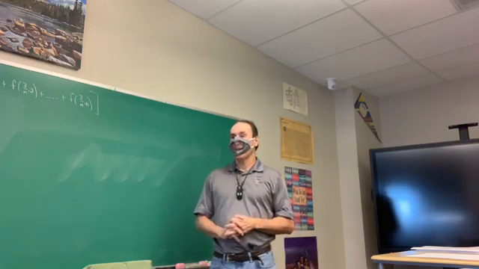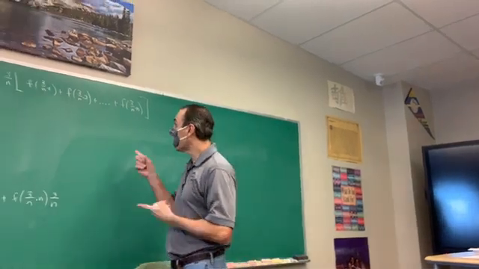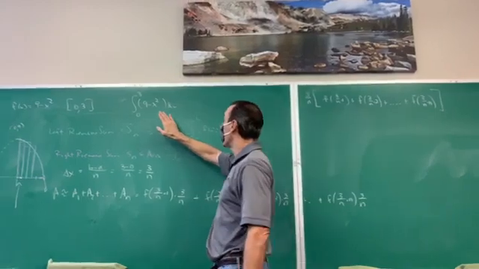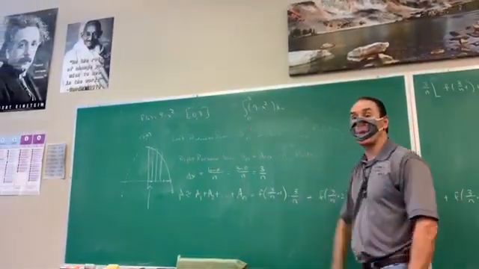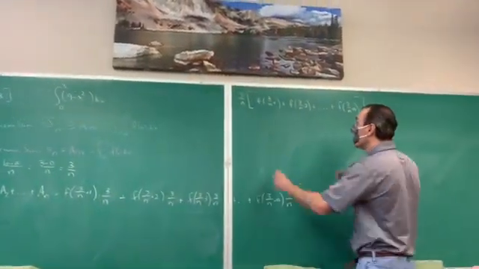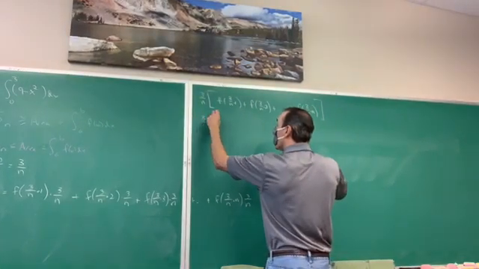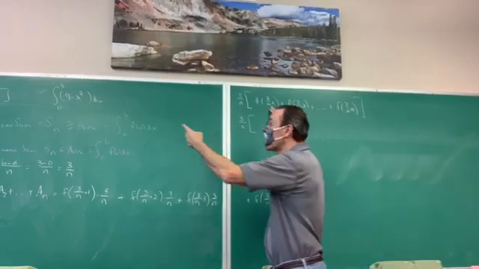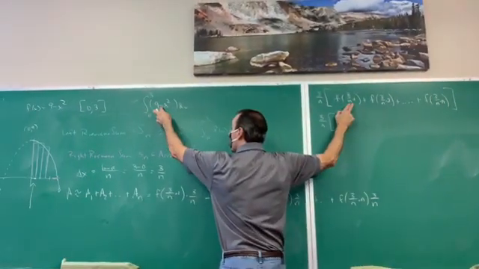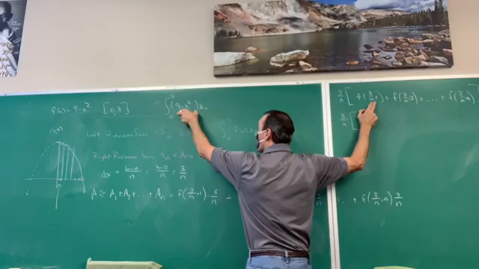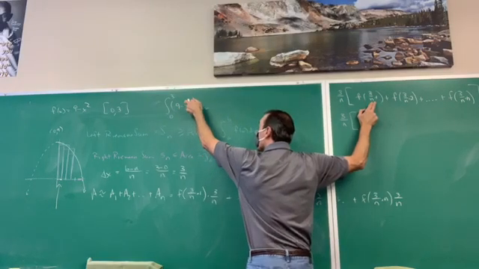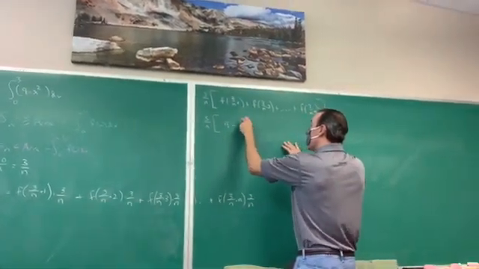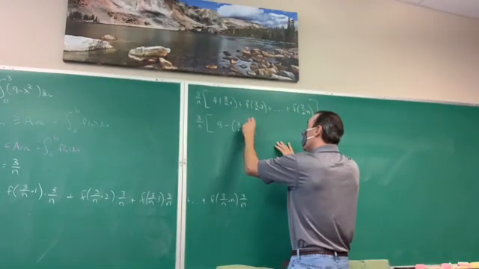Okay, now we're going to evaluate these. We're going to take these 3 over n times 1 and all those, and plug them into our function, the 9 minus x squared. So if we plug 3 over n times 1 in for x, this is going to be 9 minus, parentheses, 3 over n times 1 squared.